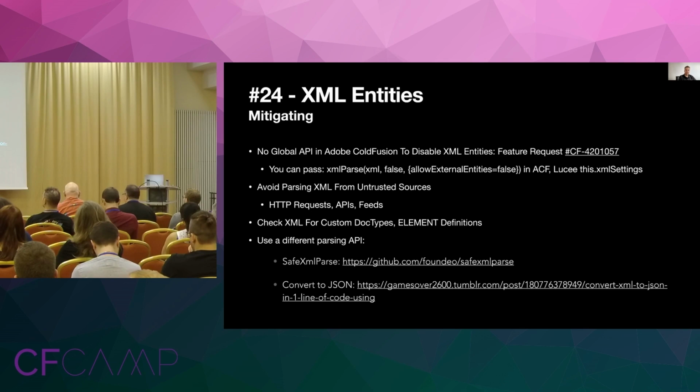You can also check the inputs before you run XML parse for things like doctype and element to see if it's using those dangerous features. I've written a safe XML parse function, which is just an XML parser written in CFML that doesn't implement any of those dangerous features, and it tries to return a struct similar to what XML parse does.